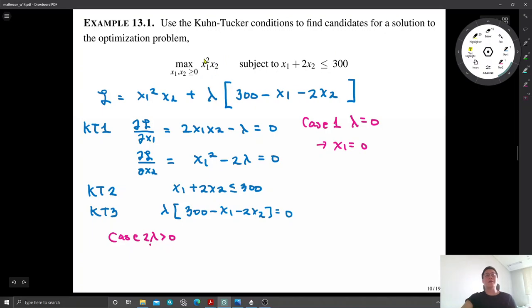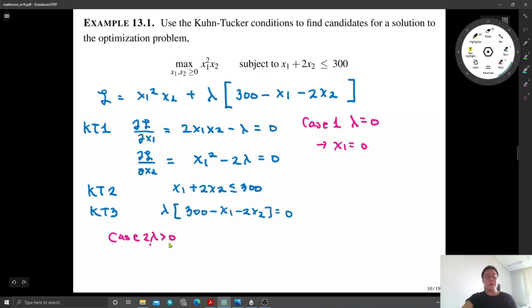That is clearly not a solution, because if I choose 1 for each variable, then the objective function assumes 1. So I can easily make the objective function larger than 0. So this is clearly not a candidate. So we rule out this first case. So lambda must be strictly positive. So we can immediately reach the second case.